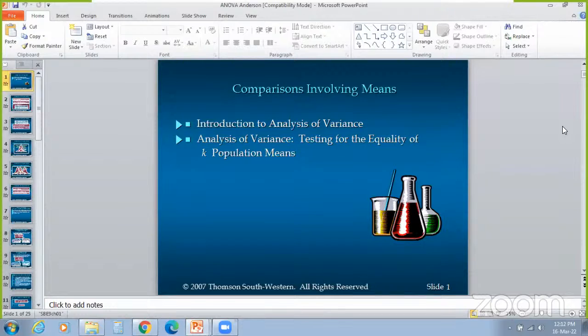Now three or more than three population means. Which means now we are comparing the means of different groups of populations, three or more than three groups, three or more than three categories. So then we have to use the analysis of variance.